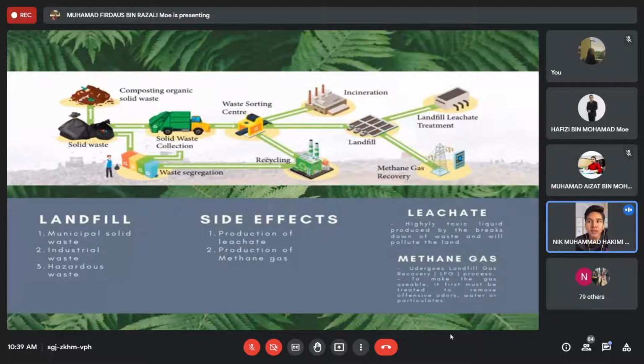But the other side effect dia, which is dekat incineration center ni, it will produce CO2, which, you guys know, CO2 is one of greenhouse gases which can lead to climate change, and it's not that eco-friendly for me. Sebab tu sekarang dah ada inovasi, which is kita tak guna incineration, kita guna air mission. Is it clear about incineration?